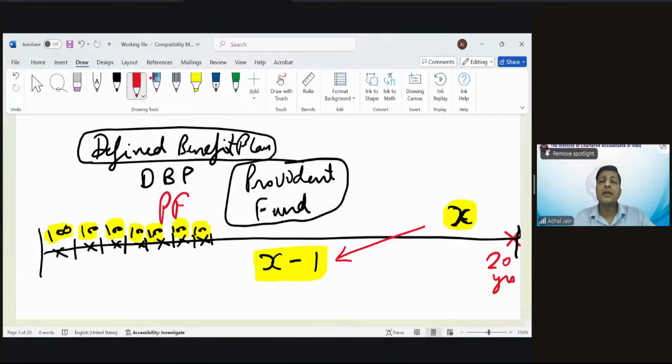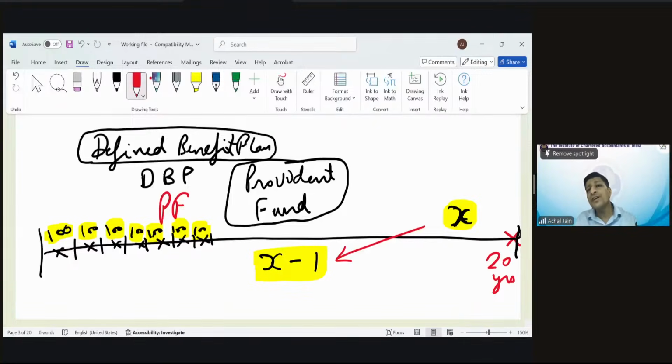Now the question arises that even though the contribution is made by the employer each year, at the time of retirement, if there is any shortfall, who will bear that liability?